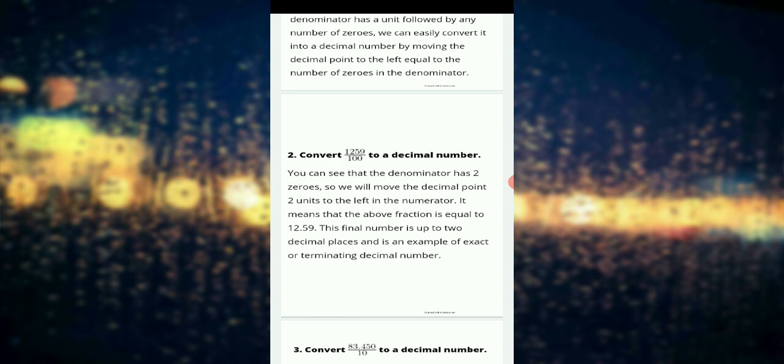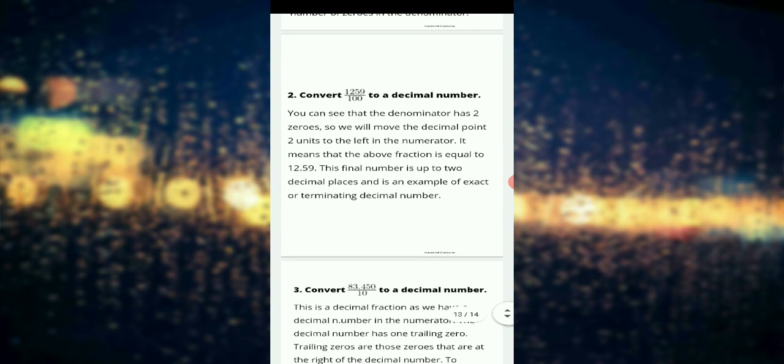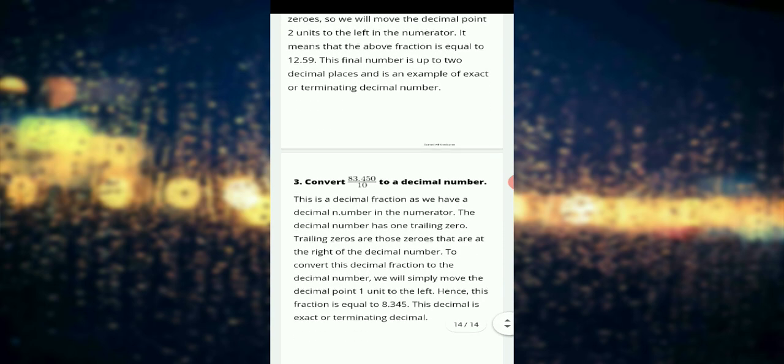You can see that the denominator has 2 zeros. So we will move the decimal point 2 places to the left in the numerator. It means that the above fraction is equal to 12.59. This final number is up to 2 decimal places and is an example of an exact or terminating decimal number.